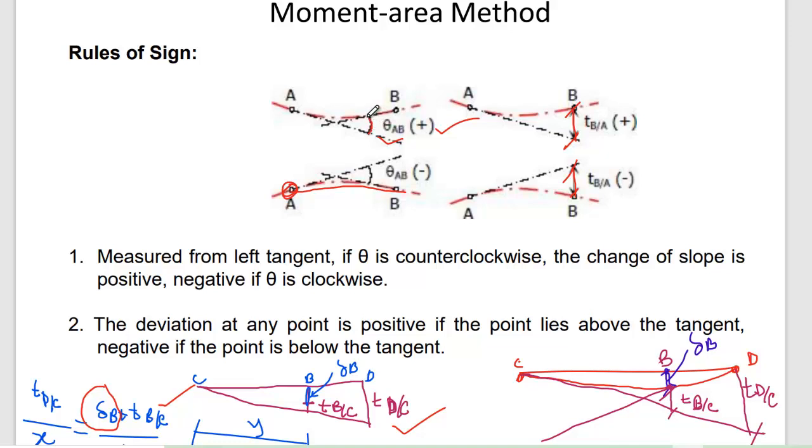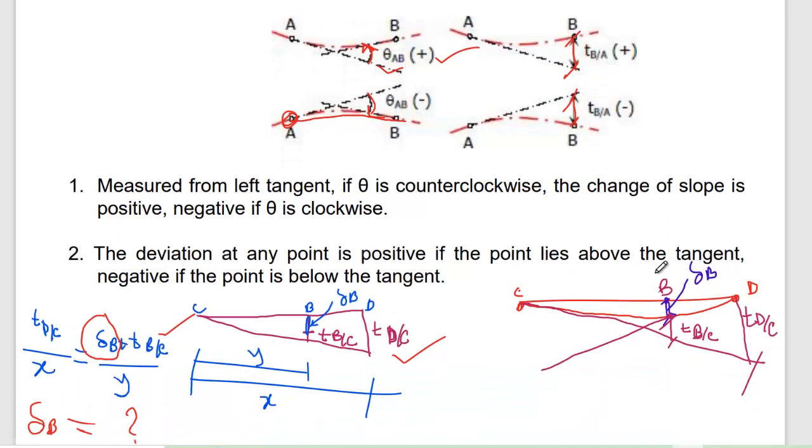So have a look, change is counterclockwise. From here you are going anti-clockwise, and from here you are coming clockwise. Okay, and the deviation at any point is positive if the point lies above the tangent. So this is the tangent and point lies above the tangent. So B point is above the tangent, so this is plus. Negative if the point is below the tangent.